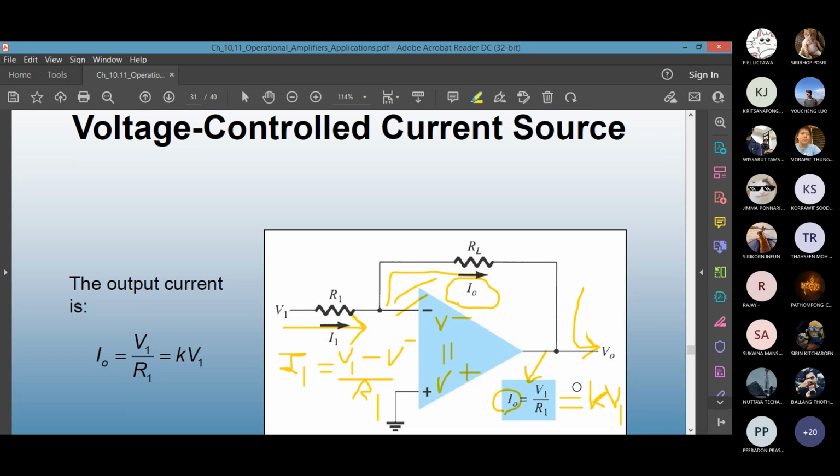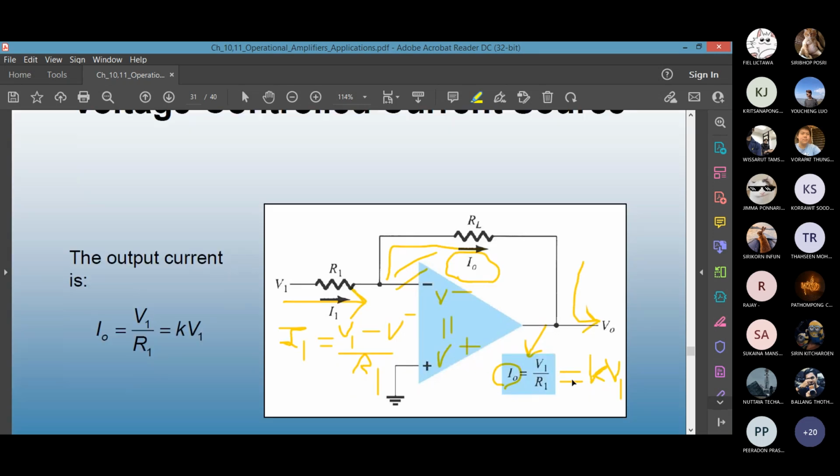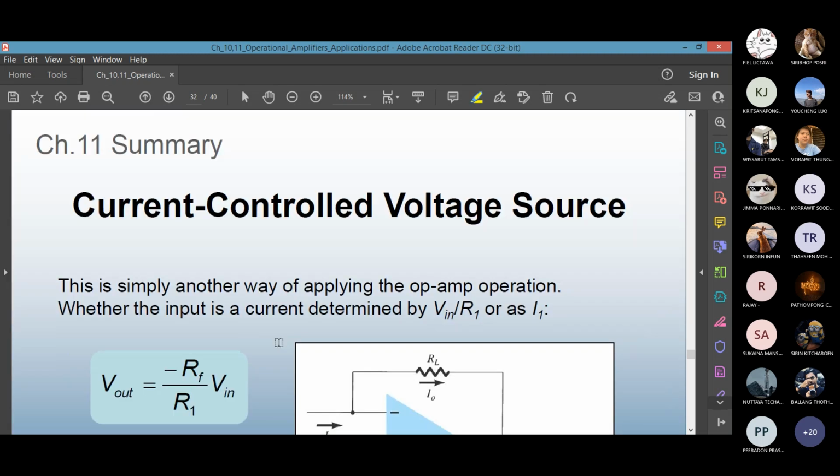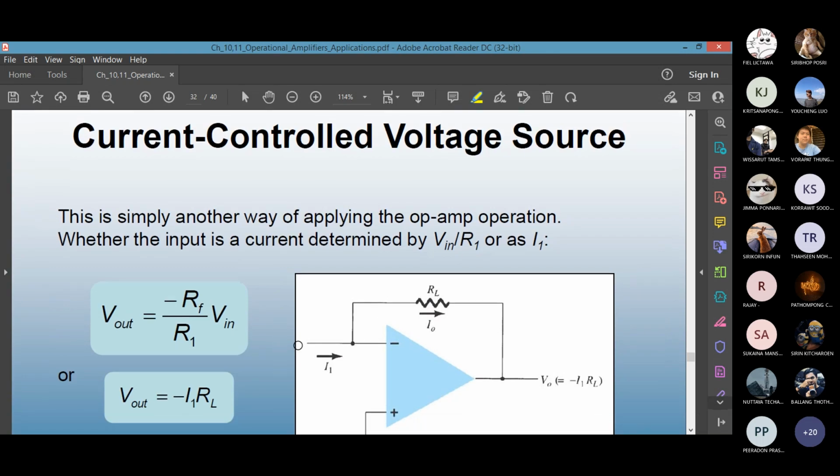Similarly, the next two on the list are current controlled voltage source and current controlled current source. So instead of looking at an input V1, we will look at things in terms of input current. Next one is current controlled voltage source.